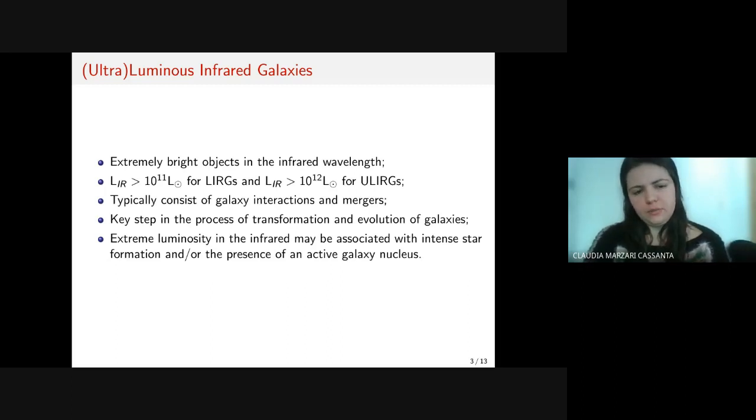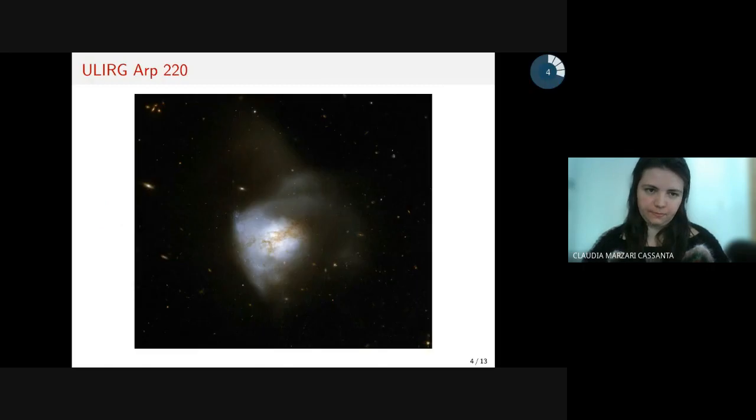They are believed to represent a key step in the process of transformation and evolution of galaxies, and their extreme luminosity in the infrared may be associated with intense star formation, which we call starbursts, and or the presence of an active galaxy nucleus.